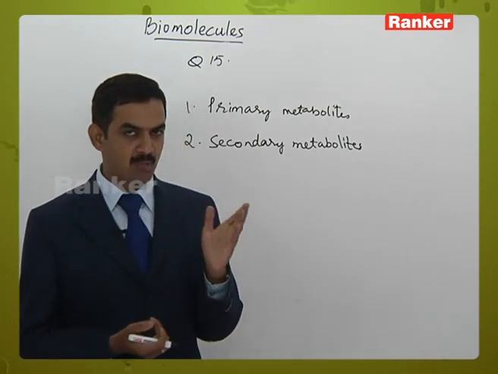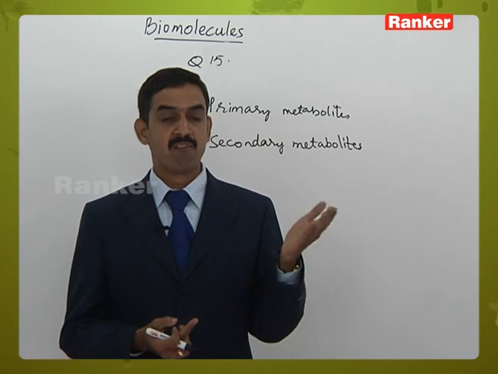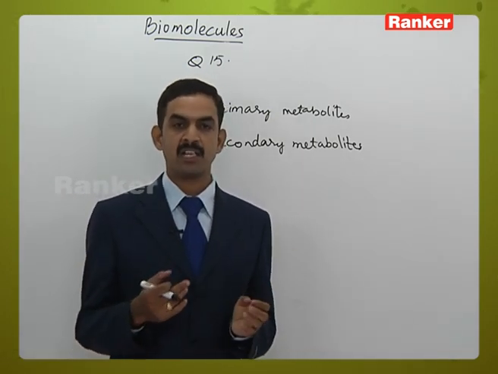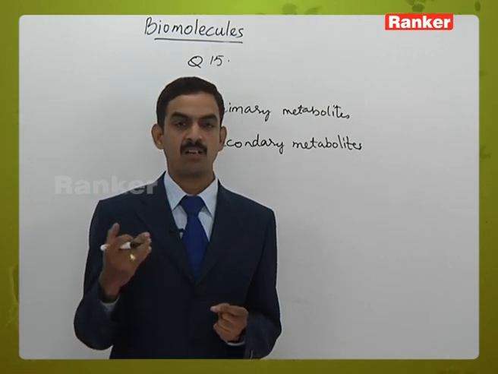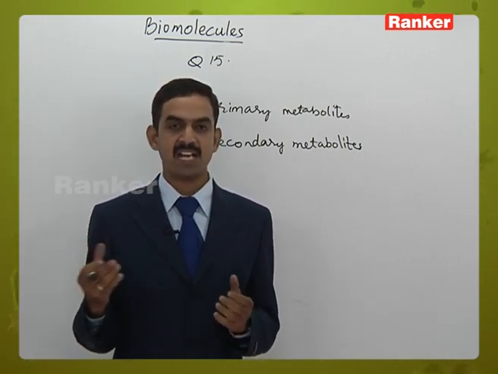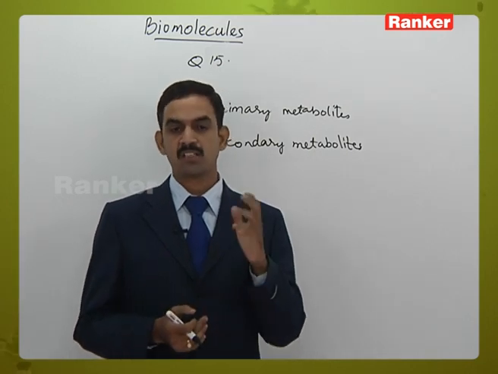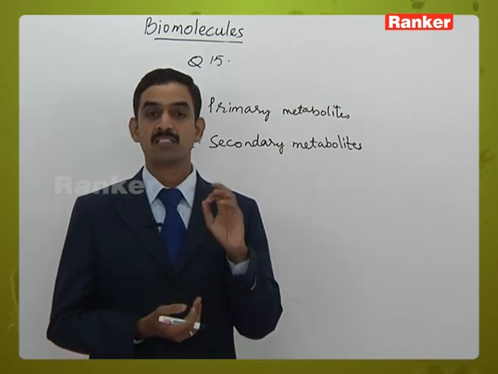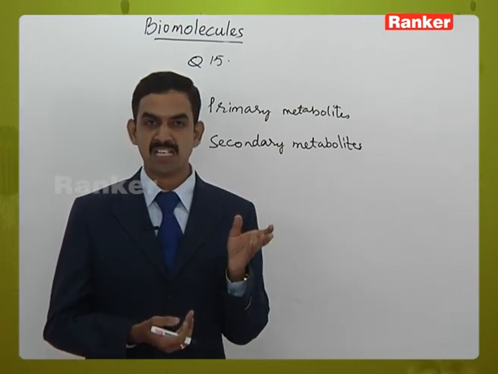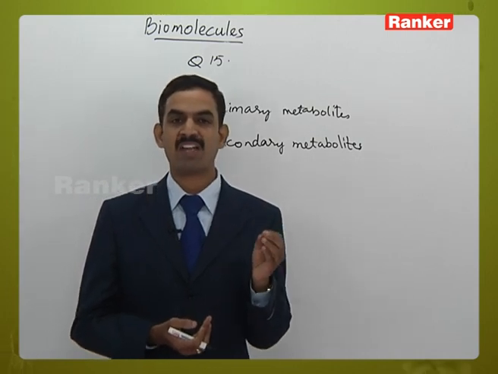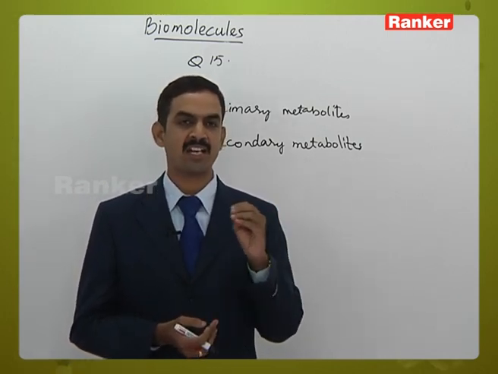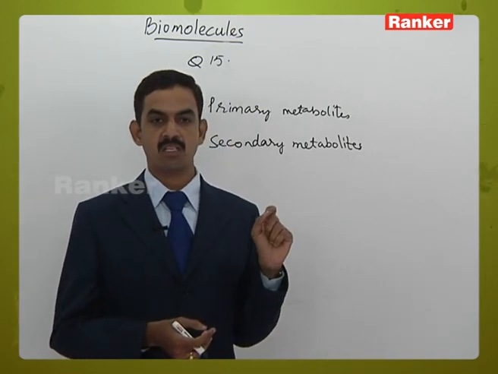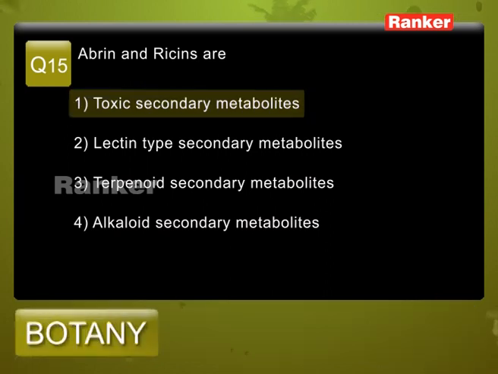In secondary metabolites there are also various subgroups, like toxic materials, terpenoids, and in the same way pigments and various other organic molecules. Now let us come to the options given. Abrine and resin are poisonous materials, toxic in nature, and they do not have any identifiable function inside the organism. That's the reason why they are part of secondary metabolites. So question number 15, the correct answer is 1.